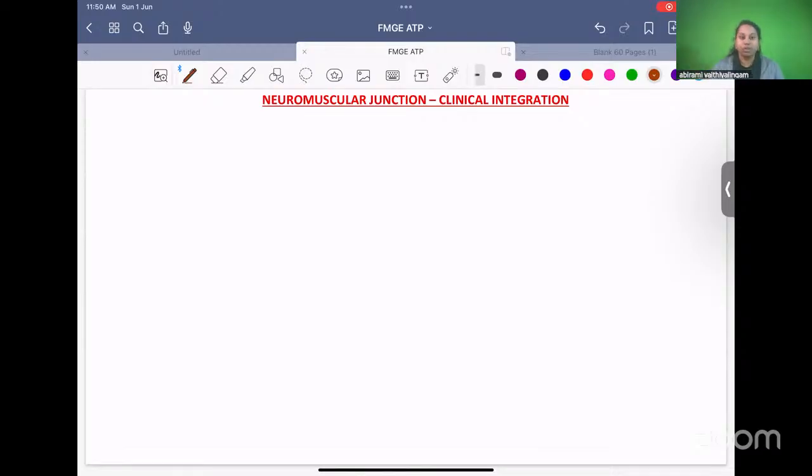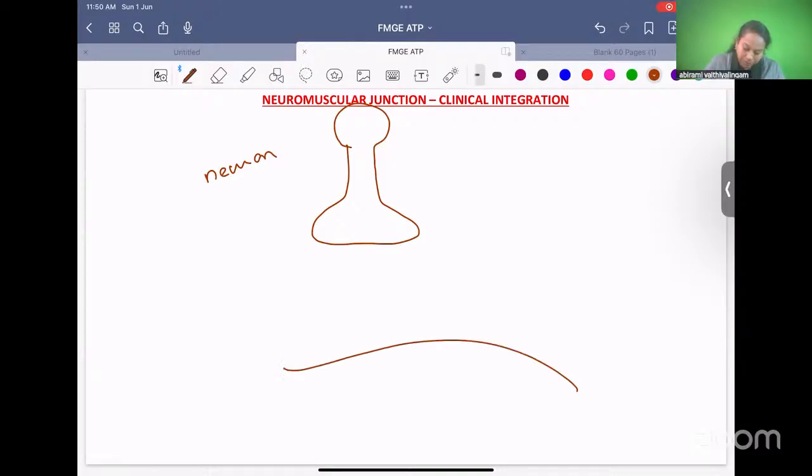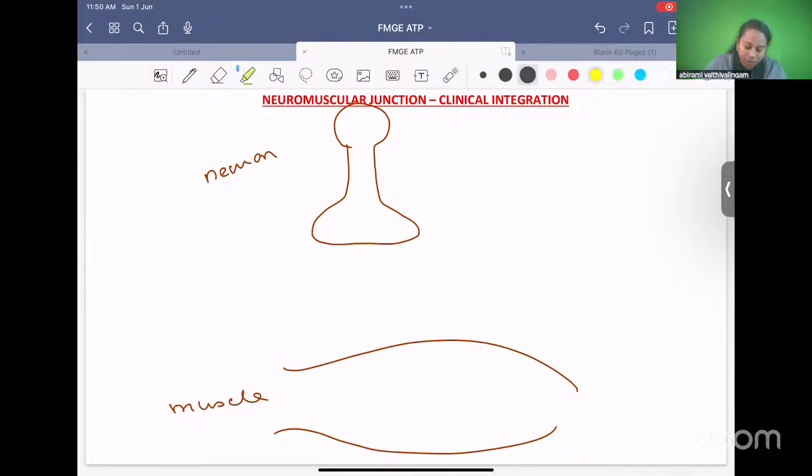The structure of neuromuscular junction. We'll draw a neuron. This is the neuron. On the other side, I'll draw the muscle. Now this junction between neuron and the muscle is called the neuromuscular junction.